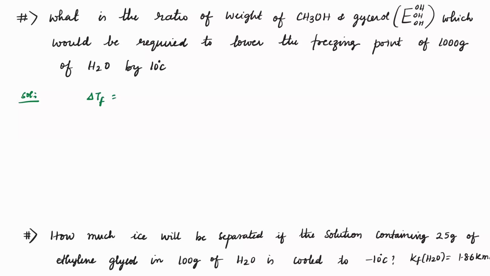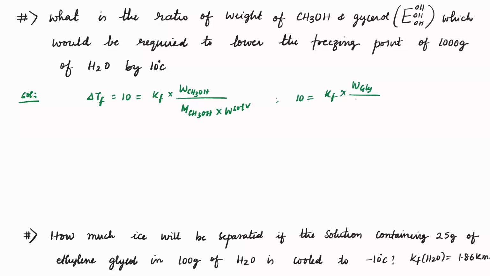So if this is 10, which is equal to Kf into weight of CH3OH divided by molar mass of CH3OH, that into weight of solvent. So weight of solvent is the same thing here. It's not changing. Similarly, 10 is equal to Kf into weight of glycerol divided by molar mass.